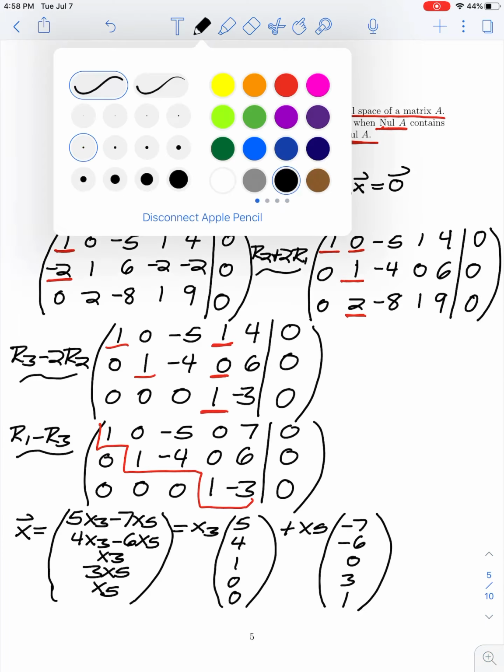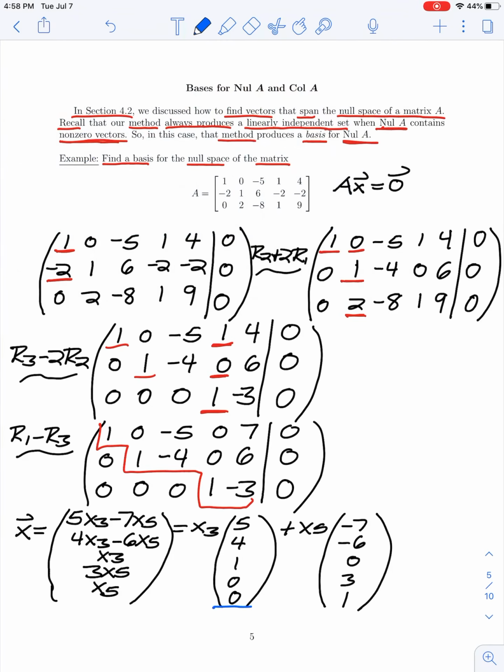All right, so these two vectors span the null space of this matrix A, the set of all vectors x which can be written in this form. And we can see clearly by examination of these vectors that these are linearly independent.